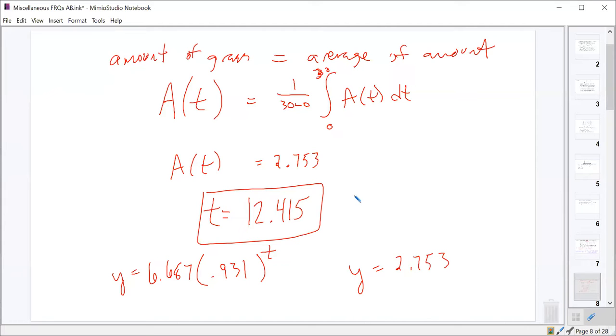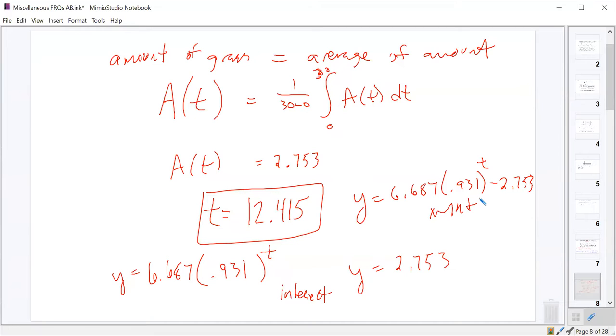Or I would graph 6.687 times 0.931 to the t, minus 2.753, and then look for the x-intercept of that. So this would either be the intersection of these or the x-intercept of this. Does that make sense?